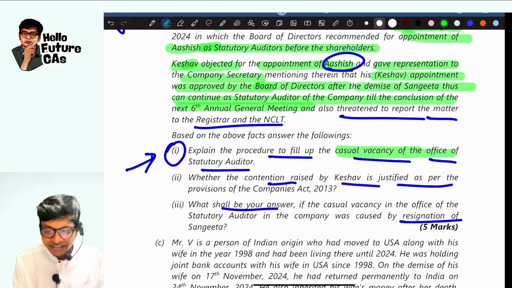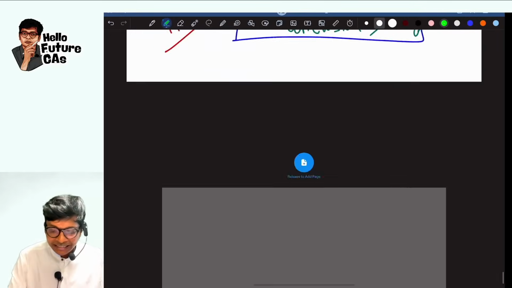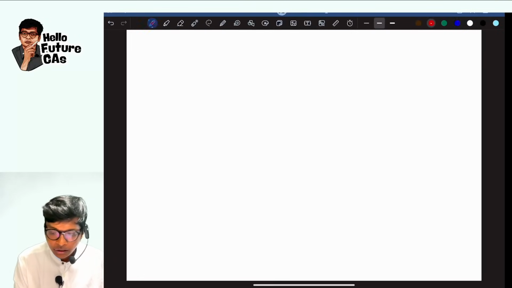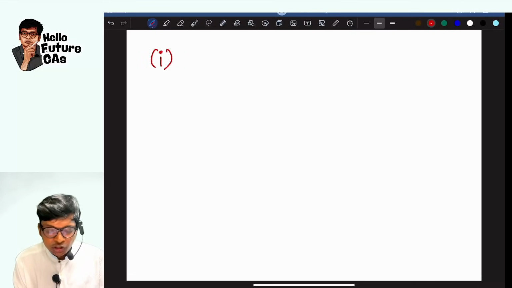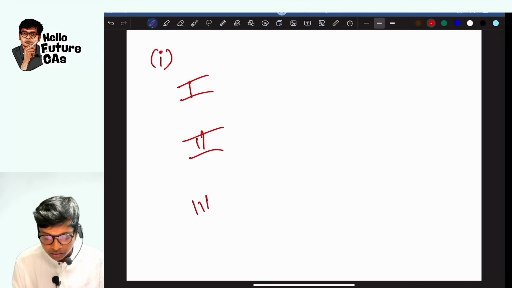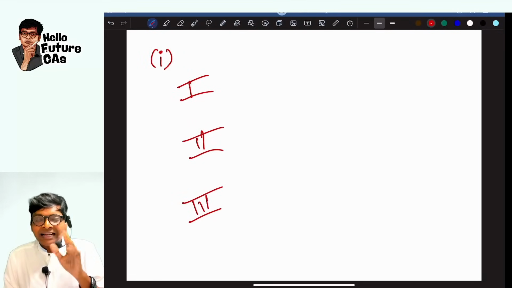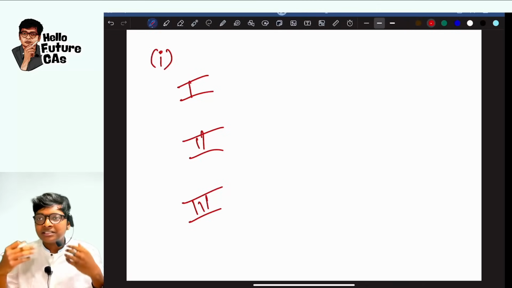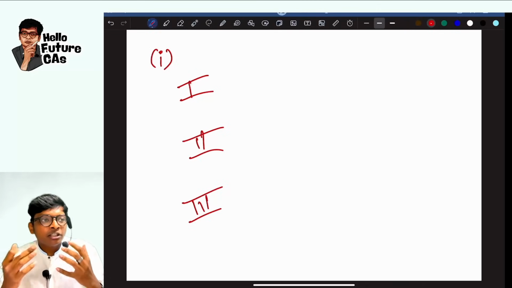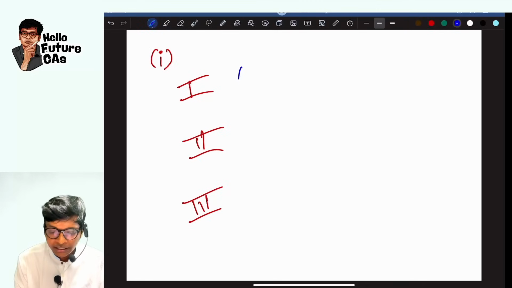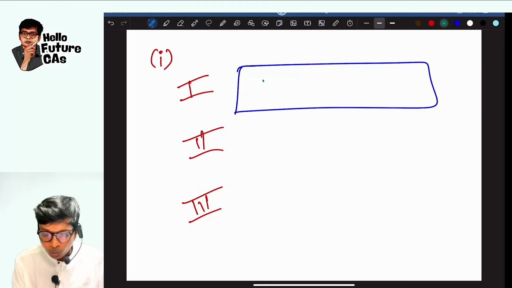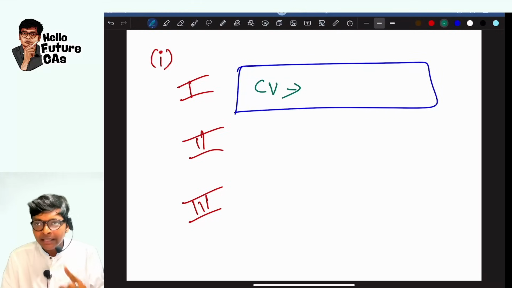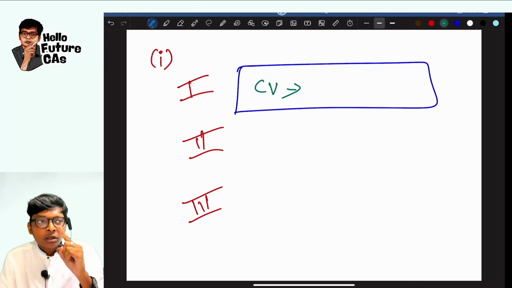First, in case 1, I should again break it into 3 parts. Provision, analysis, conclusion, or in my words, reasoning, interpretation, conclusion. So over here I will write the provisions regarding casual vacancy, but don't write about resignation.